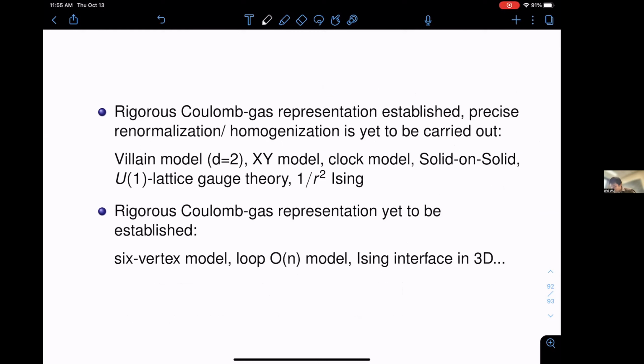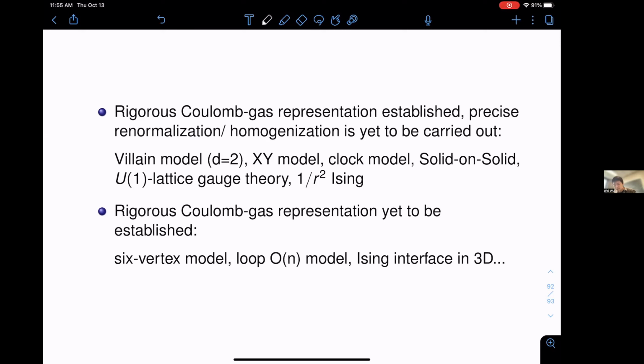So we have some very concrete problems to work with, but it's yet to be carried out with a very precise argument, either using the PDE argument or using some renormalization to understand the precise correlation asymptotics at large distance.